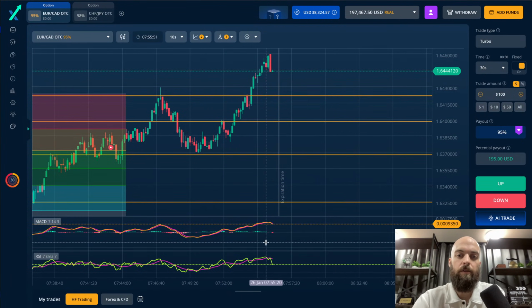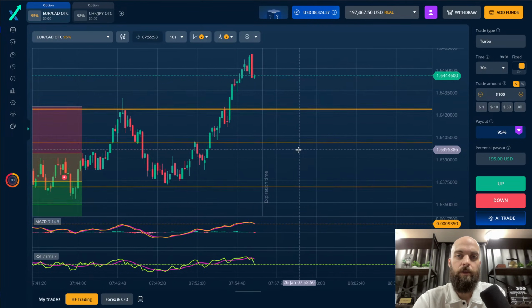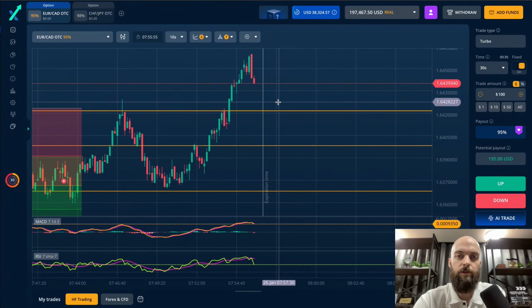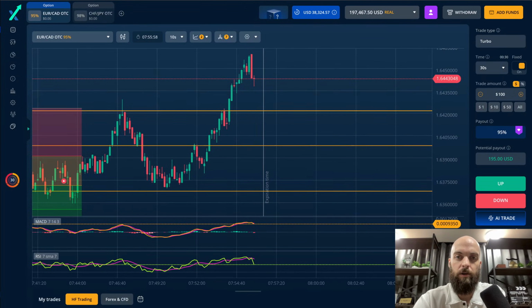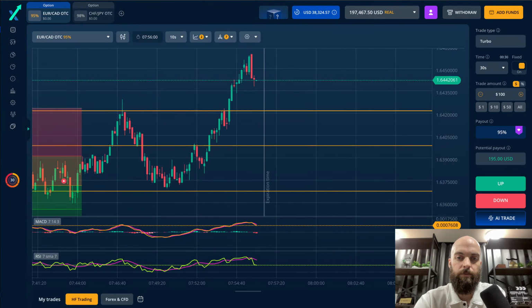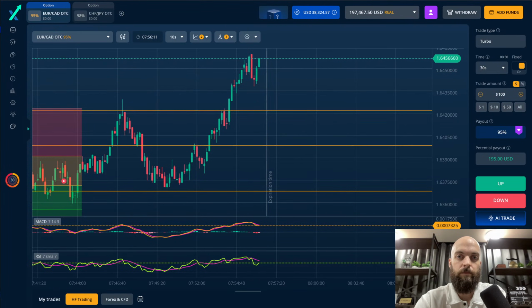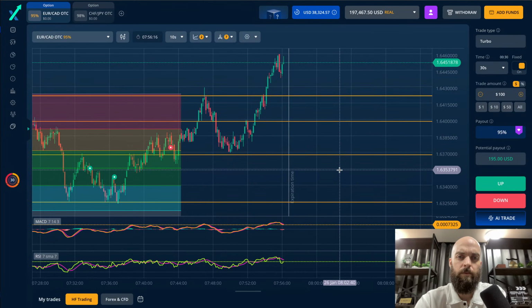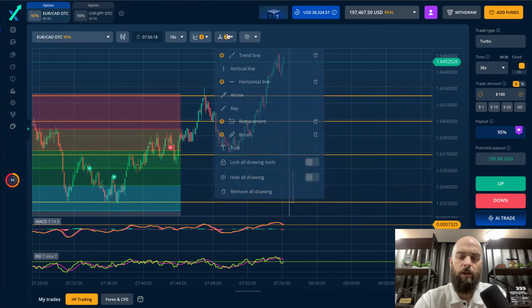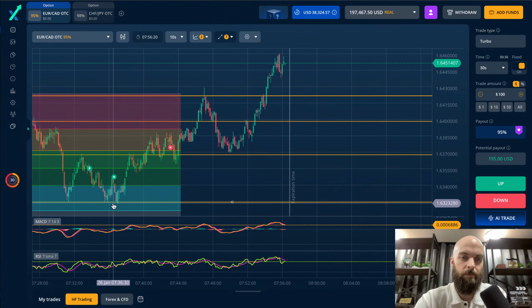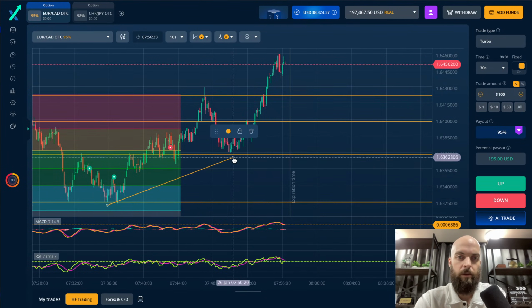Alright, so we've got a lot of rising momentum. So if we can touch a zone, let's make a call. I might as well highlight this bit of a trend line we're working on right here.